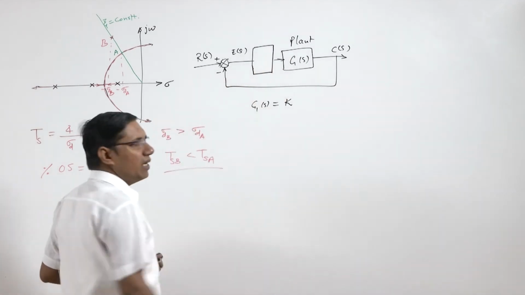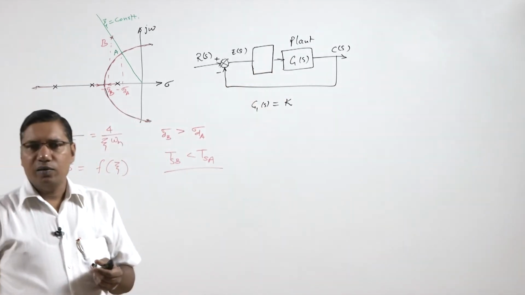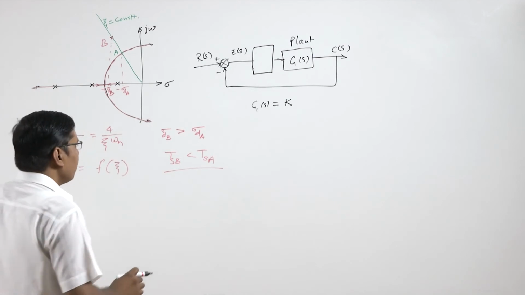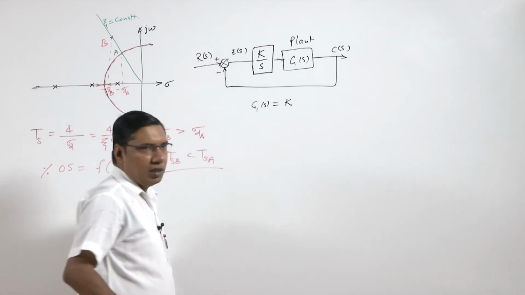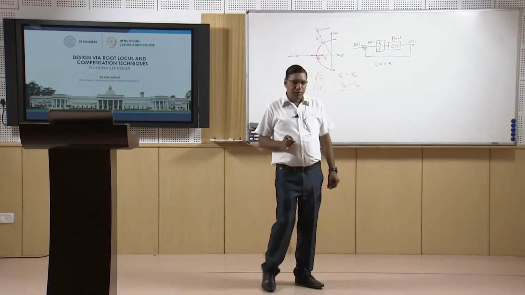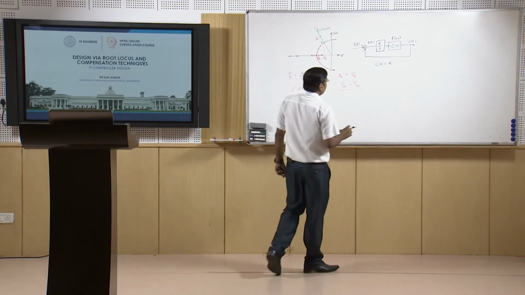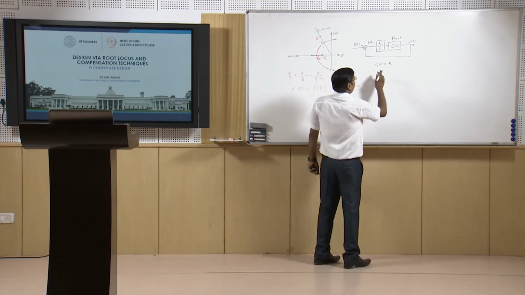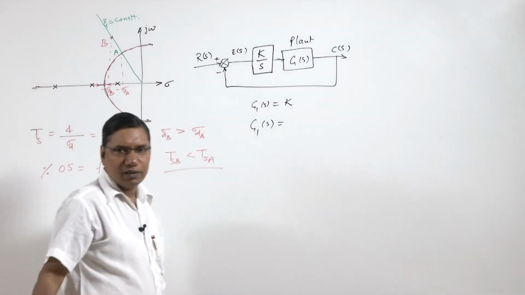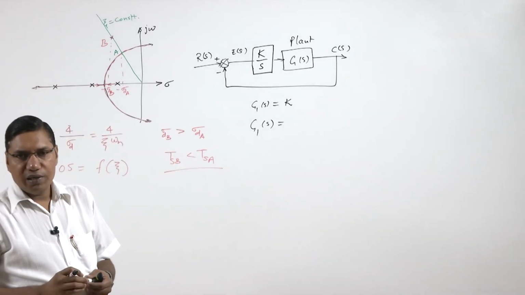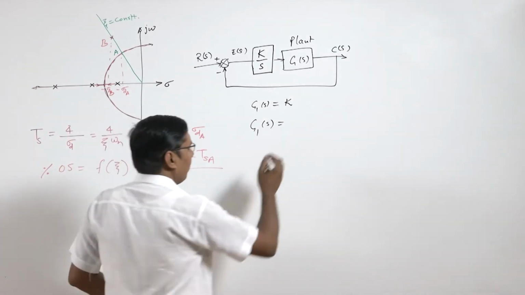If we have an integrator and we represent the transfer function, we can write K/s, because the transfer function of an integrator is 1/s. So here we can say G1(s) for the integrator or integral controller is K/s.